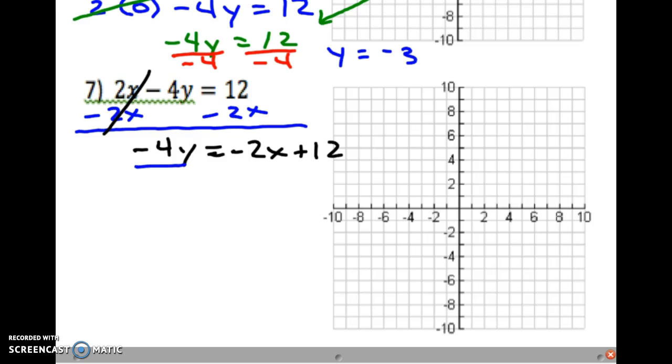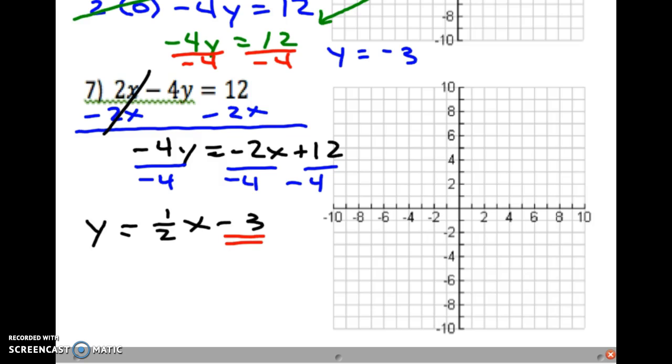We would then need to divide everything by negative 4 to get that y by itself. So our slope-intercept form would be y equals negative 2 over negative 4, which simplifies to a half, 12 divided by negative 4 would be negative 3. So our y-intercept, starting on the y-axis, is at negative 3.